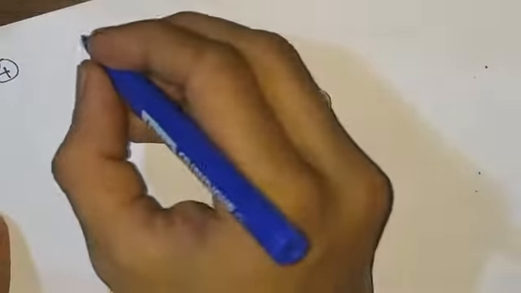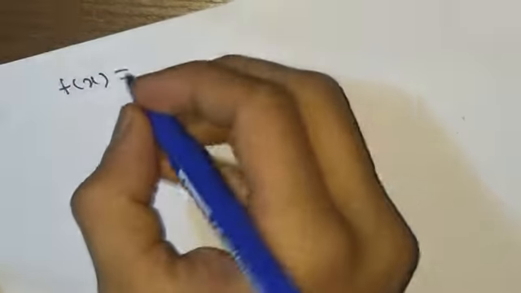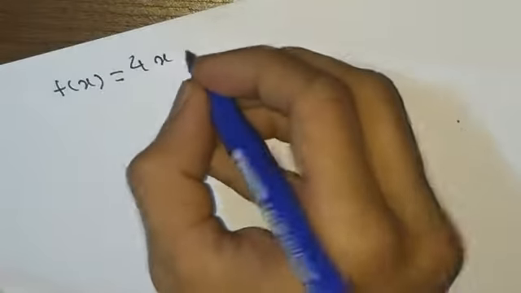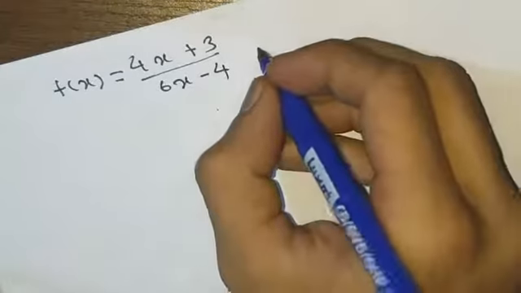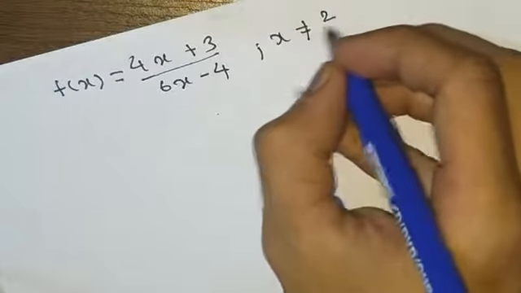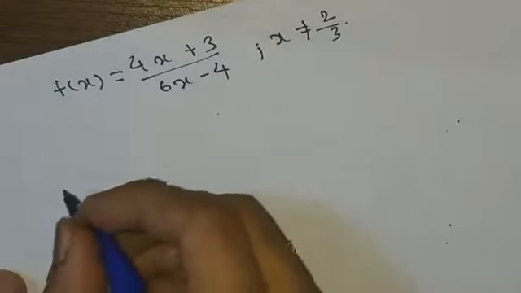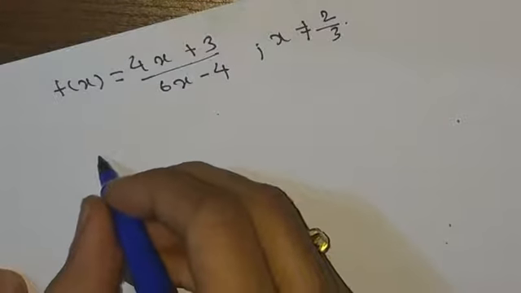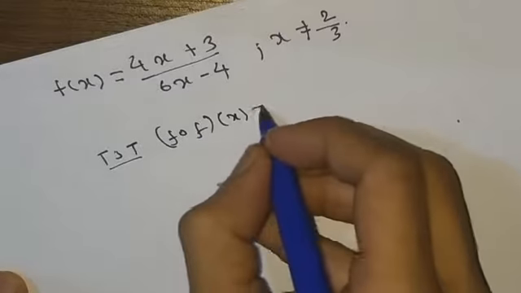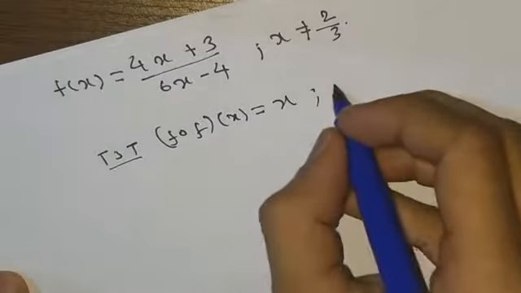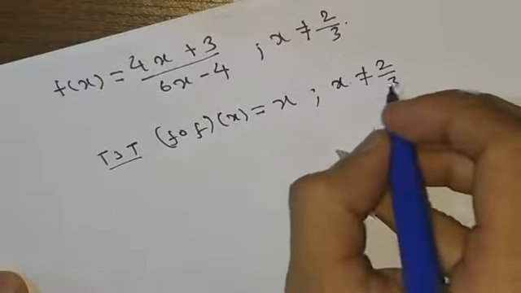So you are given a function f(x) equal to (4x plus 3) divided by (6x minus 4), where x is not equal to 2 by 3. Now what we have to show is that f composition f of x is equal to x for x not equal to 2 by 3.